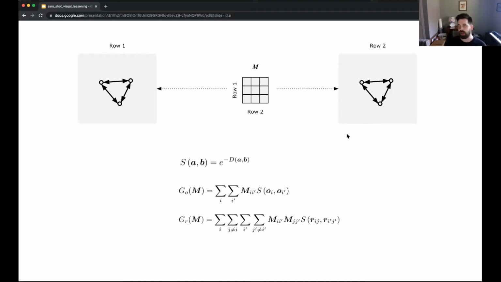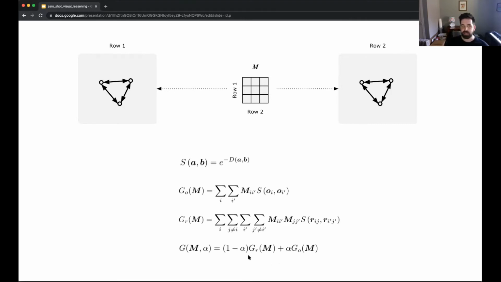Again, this is generated by multiplying the similarity scores by their corresponding mapping strengths. And so from this, you get these 2 graph matching scores, one based on object similarity, GO, and one based on relation similarity, GR. And then finally, the object similarity measures and relation similarity measures are combined together by using this parameter alpha to interpolate between them.